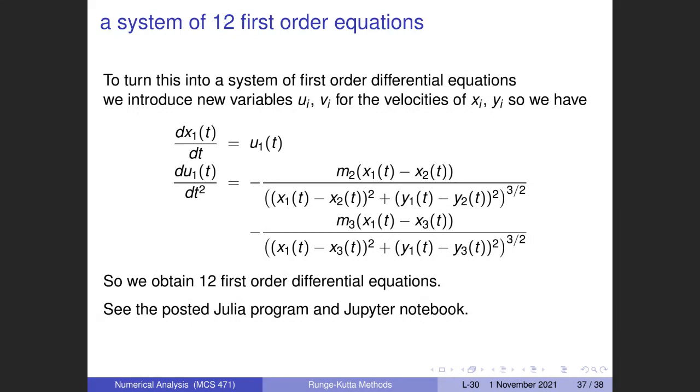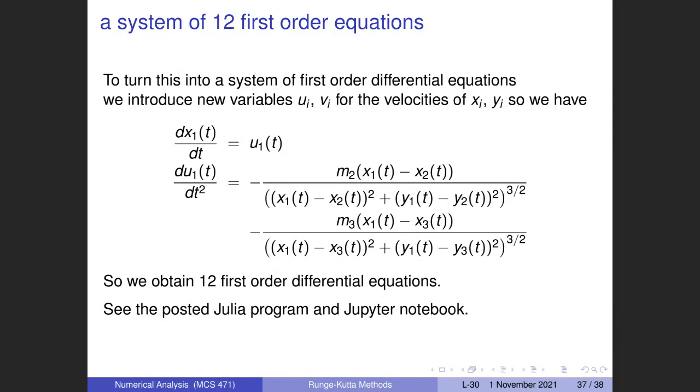So we have second order, we go to first order. We have three second order equations for x1, x2, x3, and then three more for y1, y2, y3. So we have 6 second order equations, which we turn into 12 first order equations, introducing new variables for the velocities.